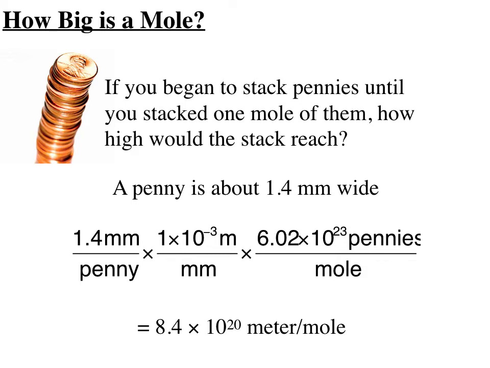So if I convert my millimeters to meters using the conversion you see there, then multiply that by 6.02 times 10 to the 23rd, or a mole of pennies, I would find that a stack of a mole of pennies, with each of them being 1.4 millimeters on its edge, would be a height of 8.4 times 10 to the 20 meters high. Well, let's do some comparison to other objects to see just how high up that mole stack of pennies would be.